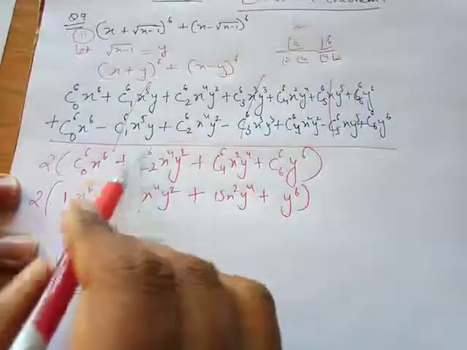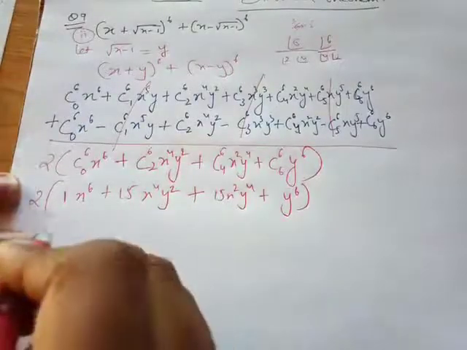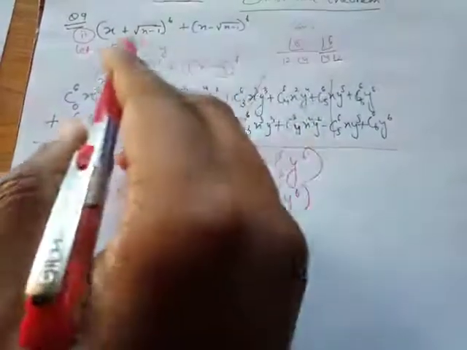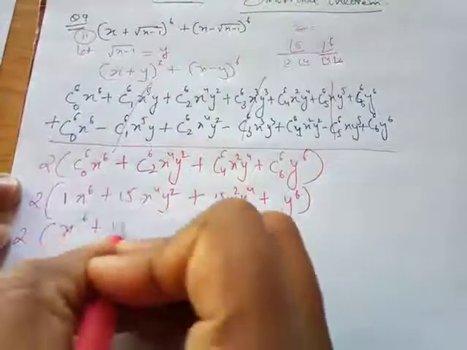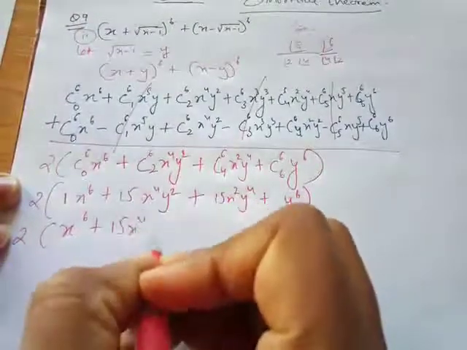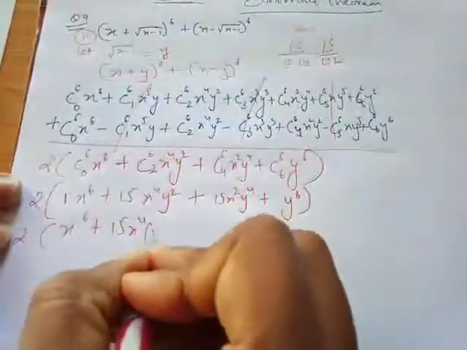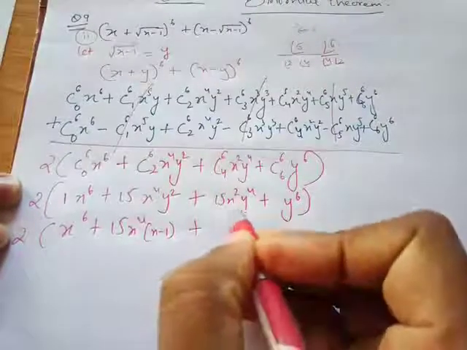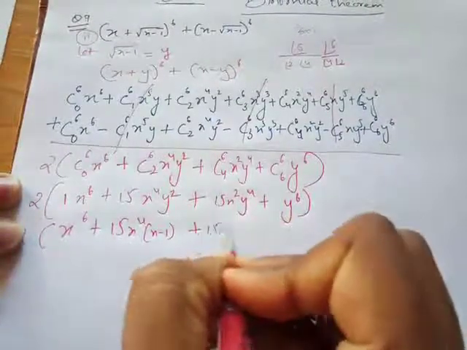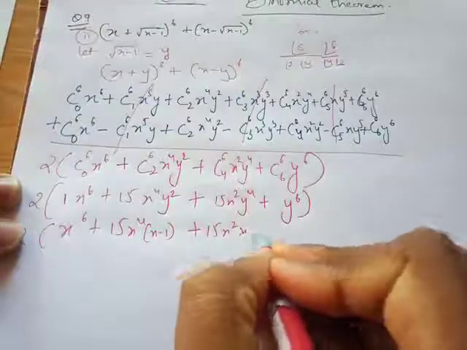Now I got the coefficients by solving these combinations. Now I just have to put the value of y. Y was root x minus 1, so x to the power 6, 15 x to the power 4, and y square will be x minus 1, if you guys can see very carefully, plus 15 x square, and y to the power 4 will be x minus 1 whole square.